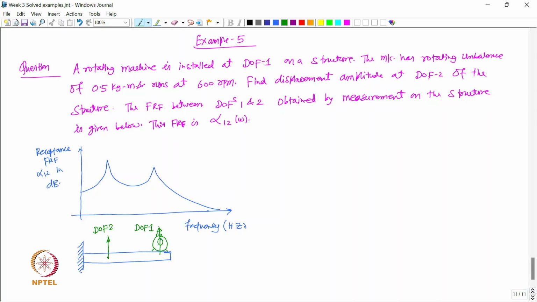So, at DOF 1 the machine is mounted, and at DOF 2 we need to find a response, and the frequency response function measured between DOF 1 and DOF 2 is given to us, and that is alpha 1 2, correct. And now we have to find what is the response at degree of freedom 2 due to unbalanced force at DOF 1. Let us proceed with the solution now.